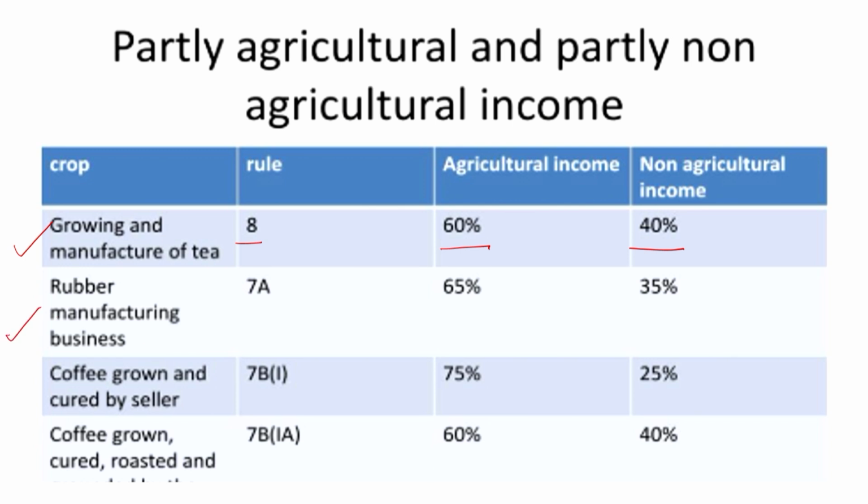In case of the rubber manufacturing business, under rule 7A, 65% income is agricultural and 35% is non-agricultural. For coffee grown and cured by the seller, under 7B subsection 1, 75% income is agricultural and 25% is non-agricultural, and coffee grown, cured, roasted and sold is under section 7B 1A. 60% of the income is agricultural and 40% is non-agricultural in nature.